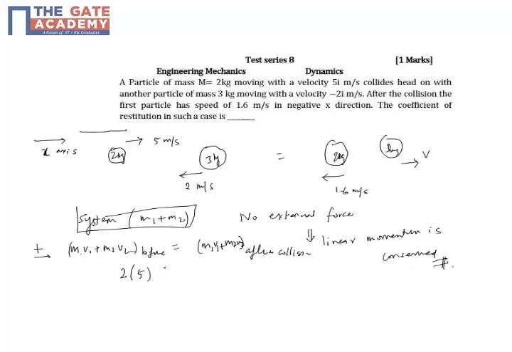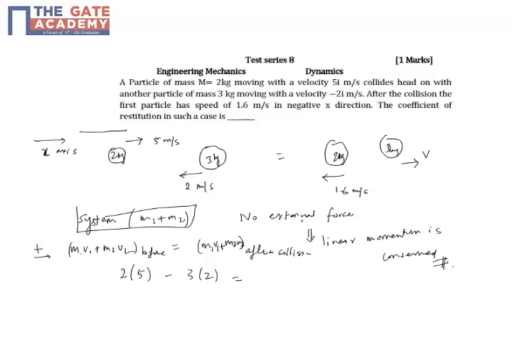On the same lines, the 3 kg mass into velocity is the momentum. So 3 into 2 is the momentum, but the velocity is towards the left, so the momentum is towards the left. So this is the sum of the momentums before collision.